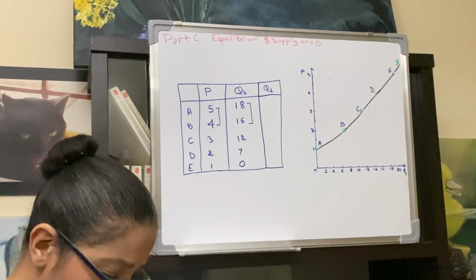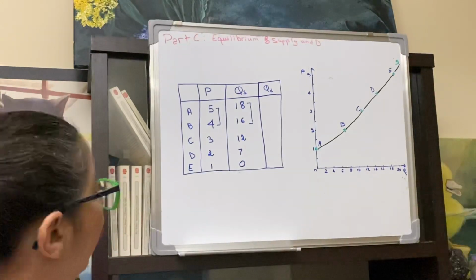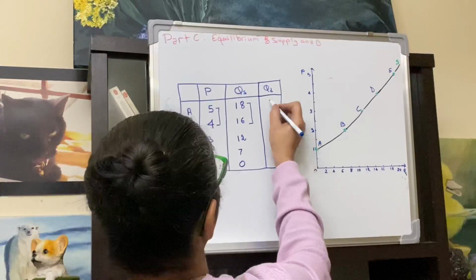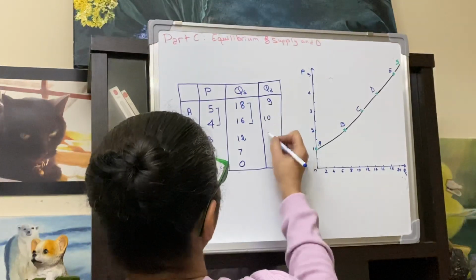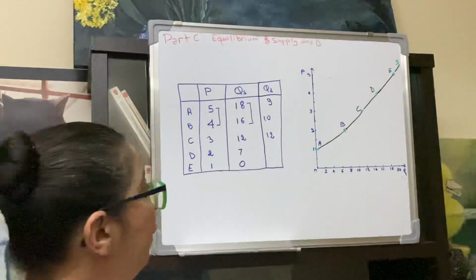Right now, I'm just going to put the quantity demanded. So 9, 10, 12, 15, and 20.